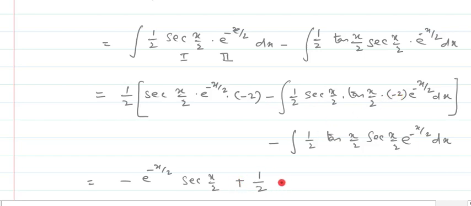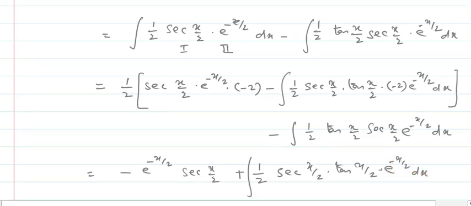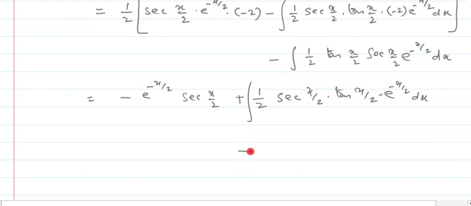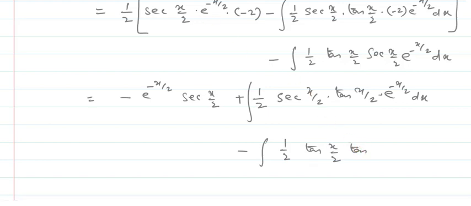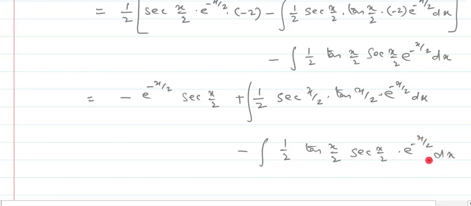So it is plus 1 by 2 sec x/2 into tan x/2 into e power minus x/2 dx, and here minus the integration of half of tan x/2 sec x/2 into e power minus x/2 dx.